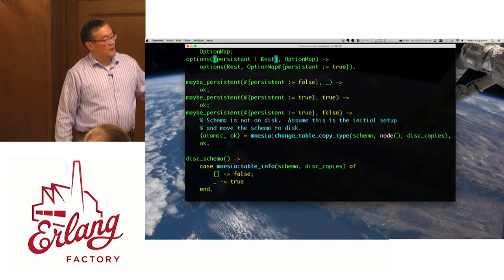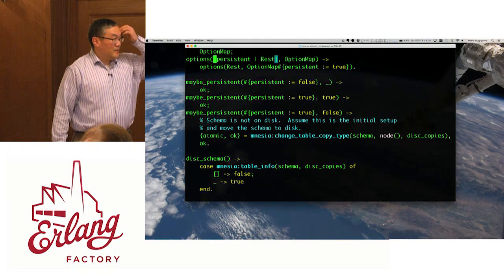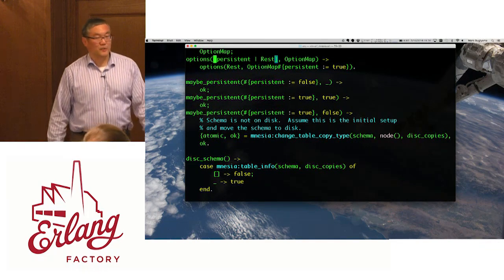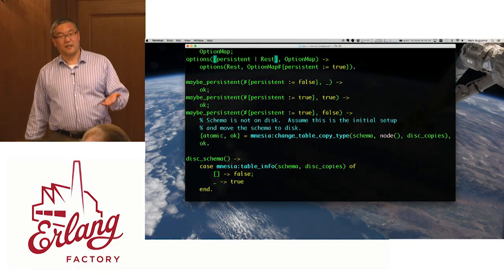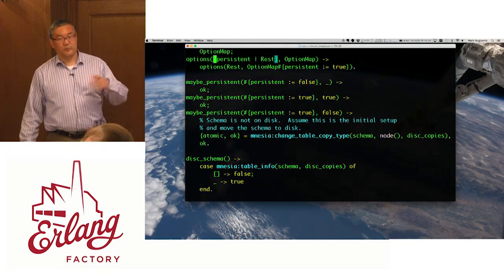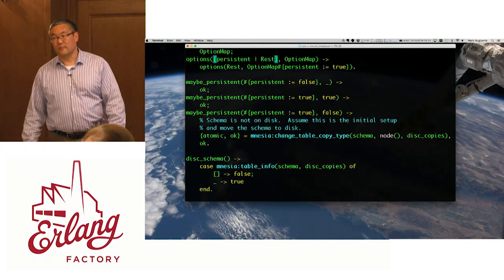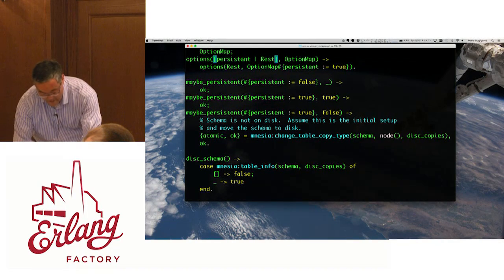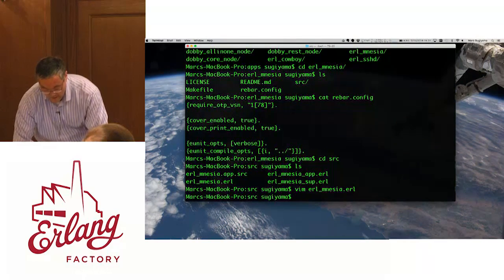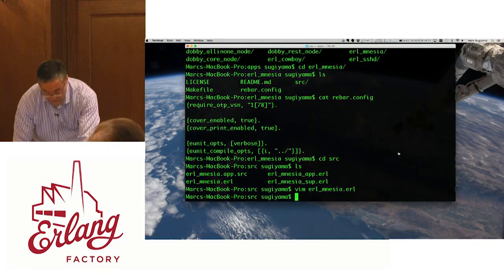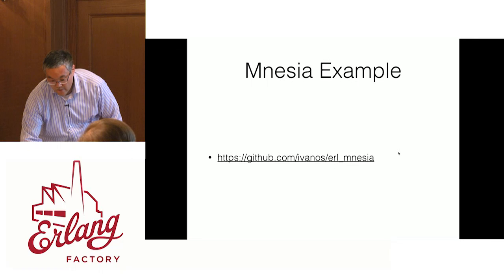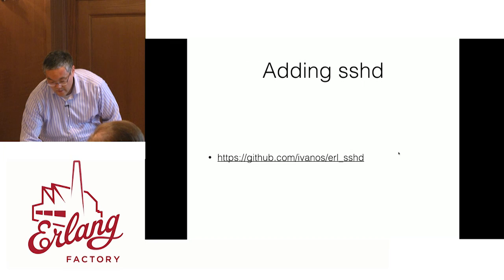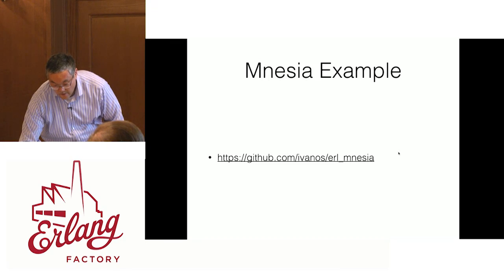One error that came up was that persistent was set to false, so it was keeping it in RAM, but one of the applications wanted to create an on-disk table, and so of course Mnesia complained about that. So I had to switch it, for that node, to being persistent. Okay, so that was that.